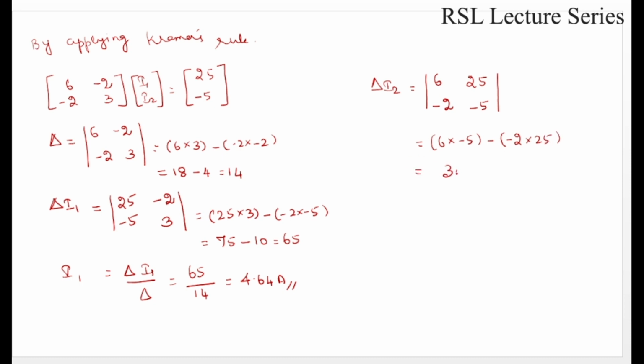So minus 30 plus 50, which is equal to 20. Now I2 is given by delta I2 divided by delta, so 20 divided by 14. This will give you 1.428 ampere. So this is the answer.